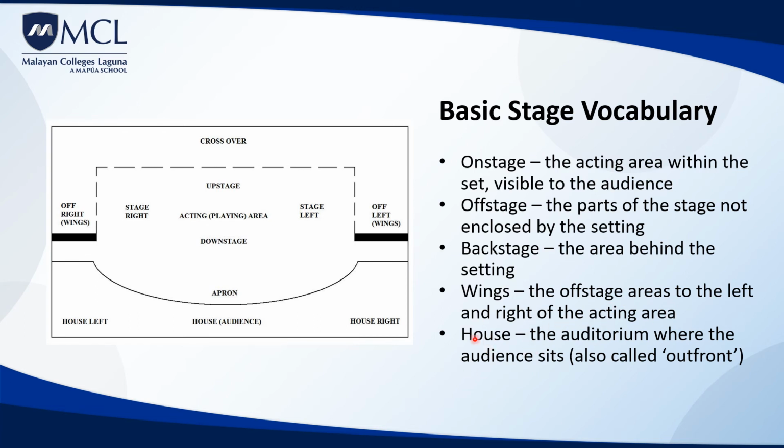The house is another name for the audience. It's the auditorium where the audience sits. It is also known as the out front house. The protruding part of a stage is called the apron.